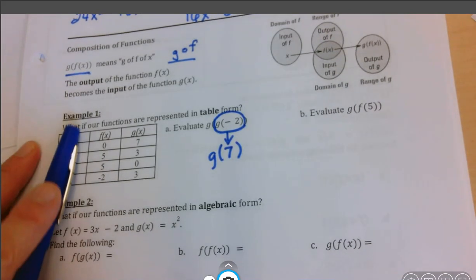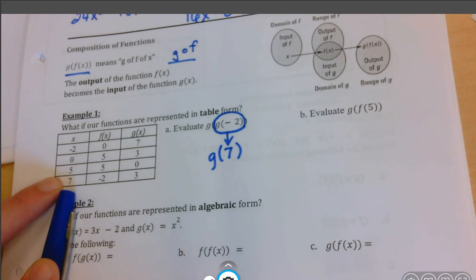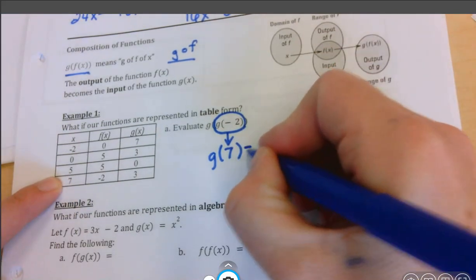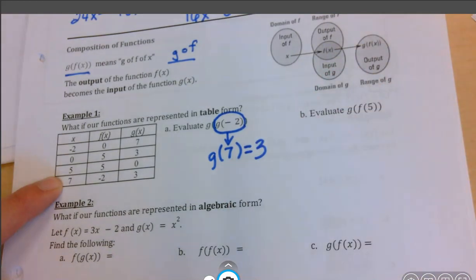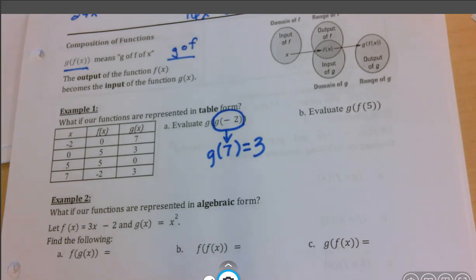So now 0 is the input. What's the output for g? 3. All right, so we put a number into a first function, we get an output. That output becomes the input for the next function. All right, give B a try, and I'll come and see how you're doing.